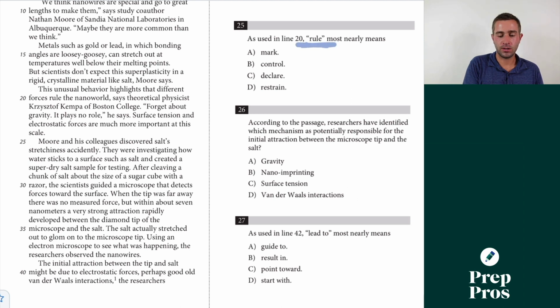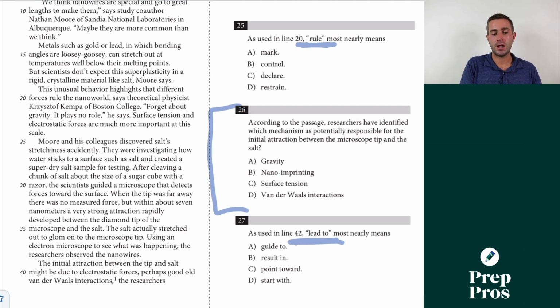But anytime you see a question which is squished between 2 lined questions, and this could even occur if we had multiple questions between these, there is a really good probability that we know our evidence for question 26 is going to run between 20 and 42. So this makes finding our correct evidence way, way easier, because rather than just looking back through the whole passage, we now have a very specific area we can look.